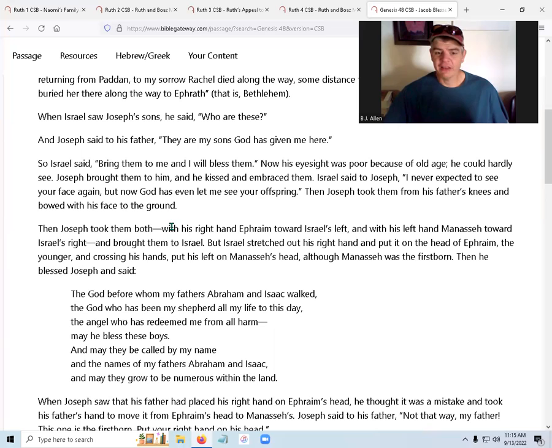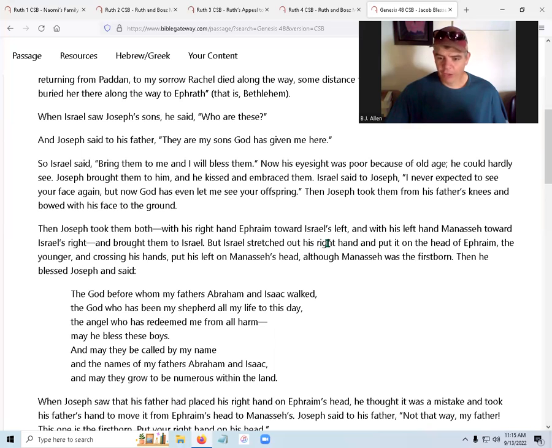Joseph took them both, Ephraim with his right hand toward Israel's left hand, and Manasseh with his left hand toward Israel's right. Ephraim is Israel's left, Manasseh towards Israel's right. He brought them to Israel.